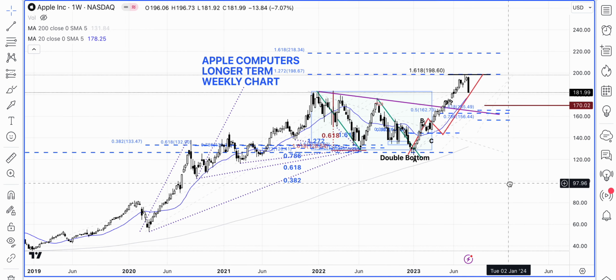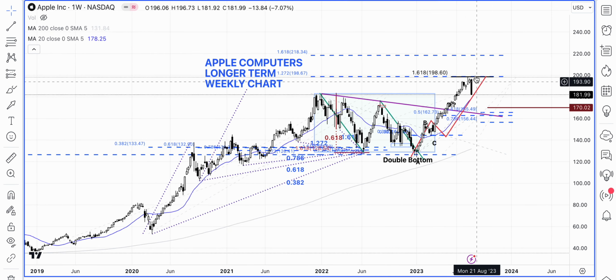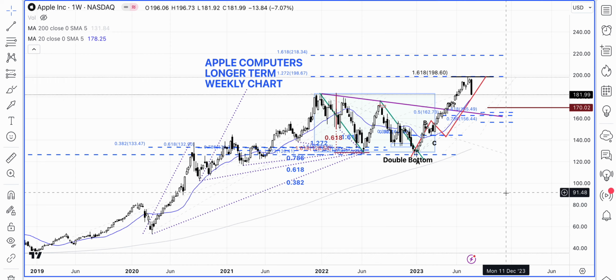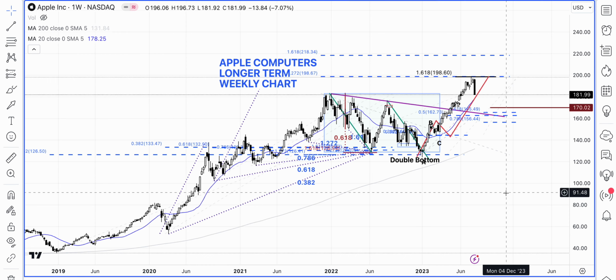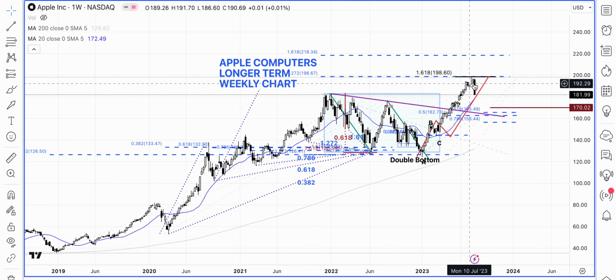So again, on this chart, if this is some sort of a correction which is going to take the price lower, what are the levels that we should be looking at? So the first thing is that our analysis is assuming that $200 per share level is a top of some sort. We don't know whether it is.